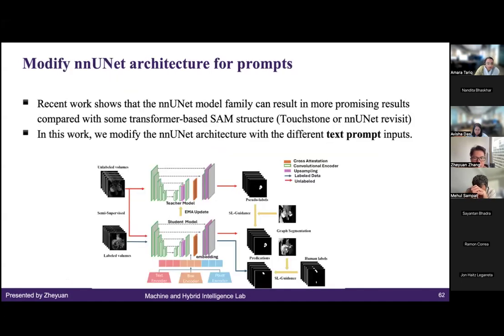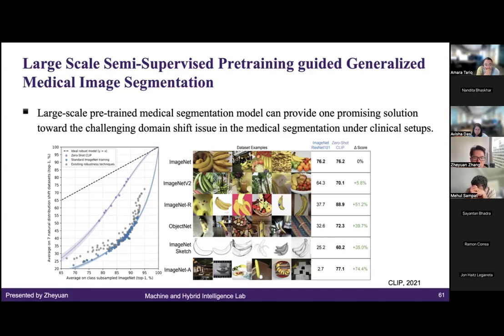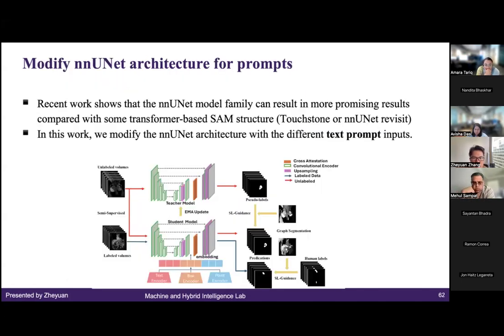However, these large-scale pre-trained models are missing for MRI studies because there is not enough data, particularly for MRI data. So in this work, we propose a semi-supervised way to leverage unlabeled MRI cases such that we can train large-scale models.